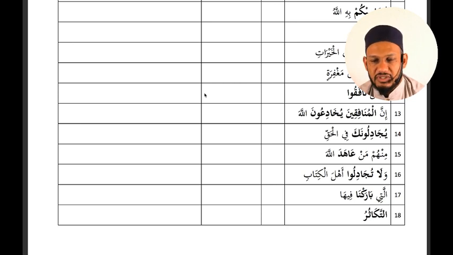Therefore, number 10 is the fi'lul mudari'. سَارَعَ يُسَارِعُ. Go down. يُسَارِعُونَ means to hasten. وَيُسَارِعُونَ, and they hasten فِي الْخَيْرَاتِ, in goodness. It also means like when you race and compete, they compete and race in goodness.